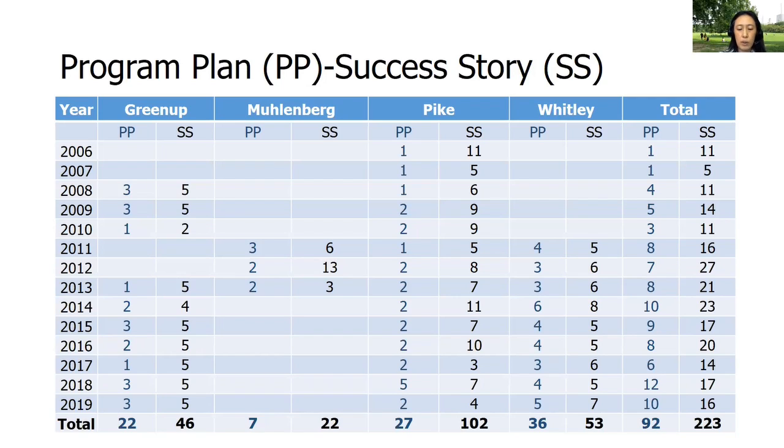As I mentioned, we analyzed through a fixed method model to see how these programs have impacted who, and how, and what lessons we could take away from our agents' programming that were delivered in Kentucky.